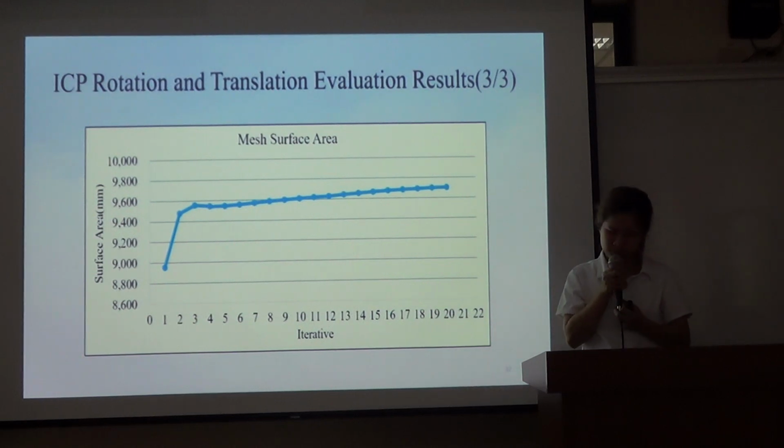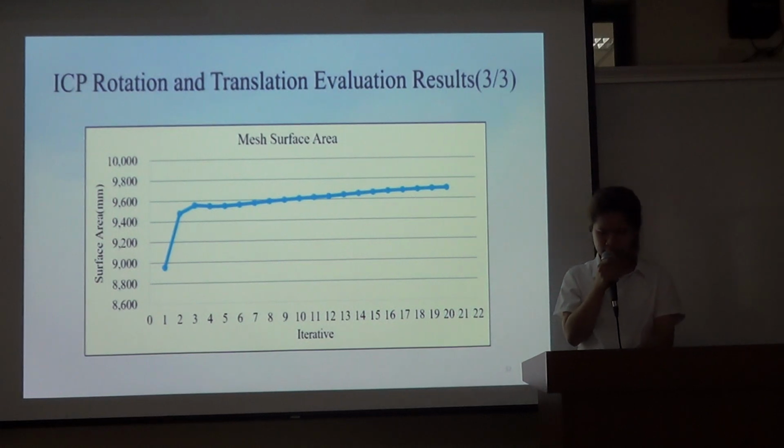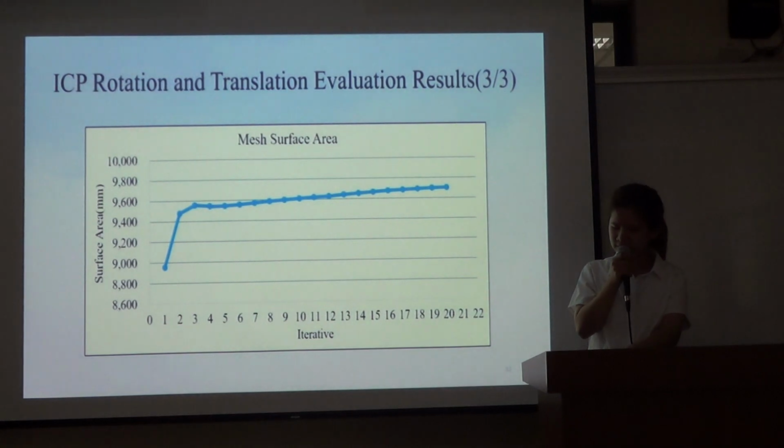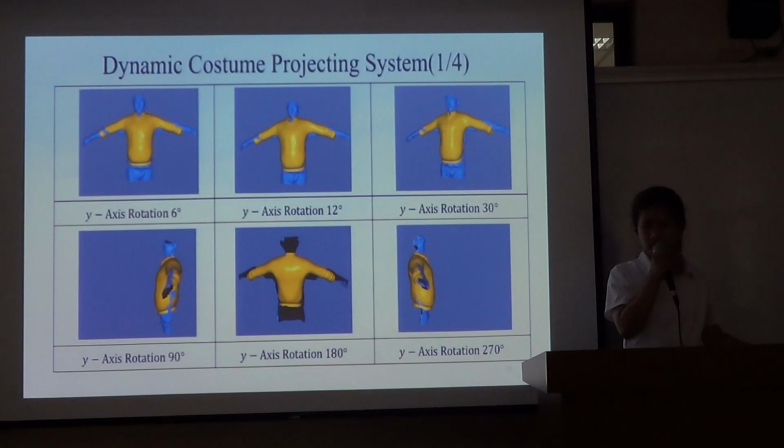This is the changing graph of the mesh surface area that changes the scale value each iteration. It can be seen that the clothing model has changed with the human body model.